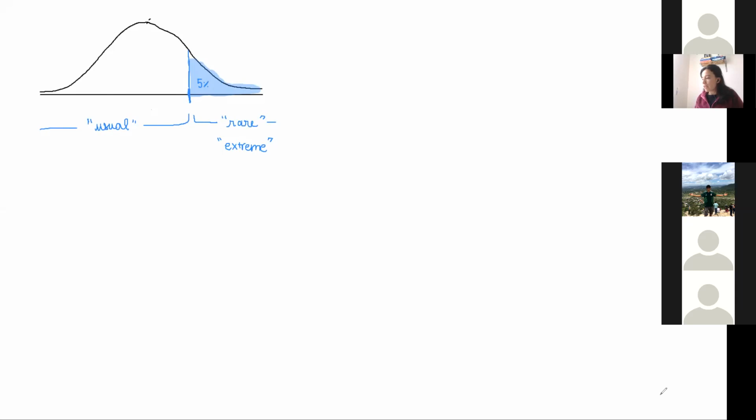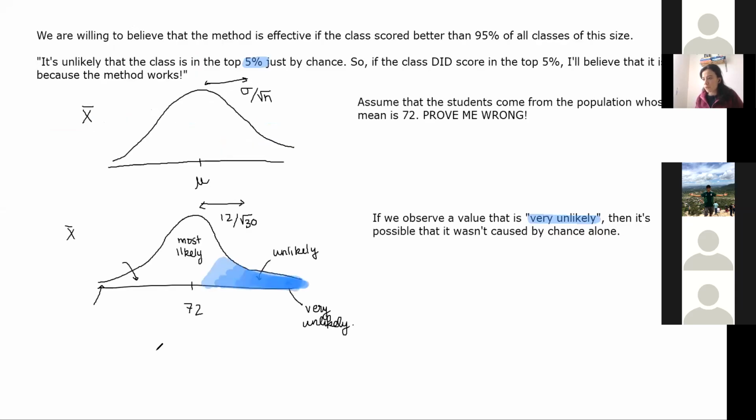So I know that over here, my sample average followed a normal distribution with parameters, okay, you don't have to copy this, just an idea, mean 72 and standard deviation 12 over square root of 30. But because I always want to come back to the normal distribution with mean 0 and standard deviation 1, I'm going to have the following: X bar minus 72 divided by 12 over square root of 30.